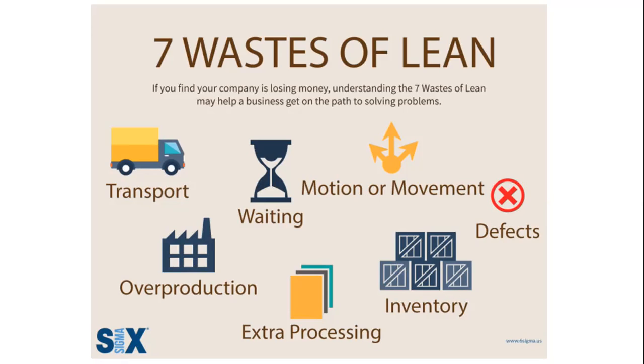All right, moving on. Extra processing. What does this mean? Well, many times, for example, there's a demand for a simple white shirt. But the company says, oh, it's a white shirt, but why don't we just add some extra little embroidery? Why not just add some extra buttons?